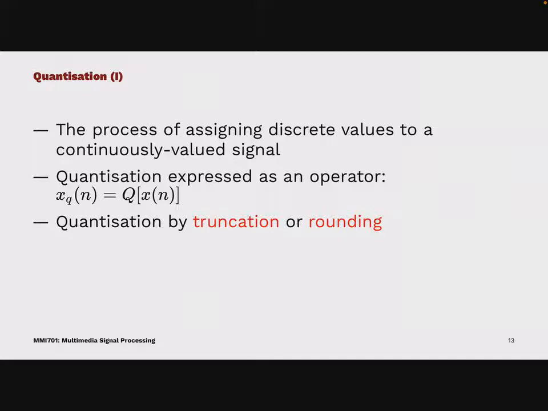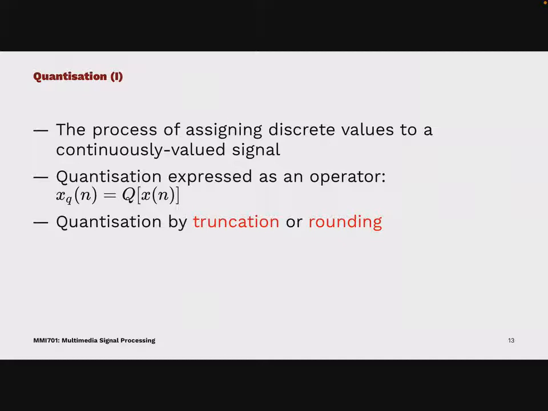It's the process of assigning discrete values to a continuously valued signal. So you have a continuously valued signal, and you're trying to map that to one number from a set of numbers that you define.